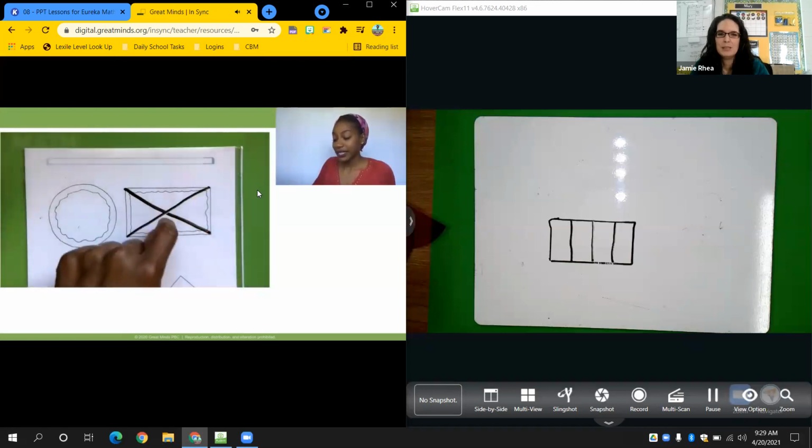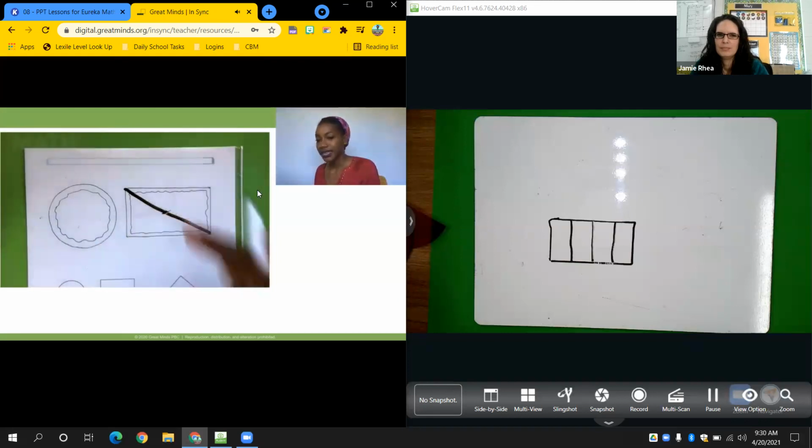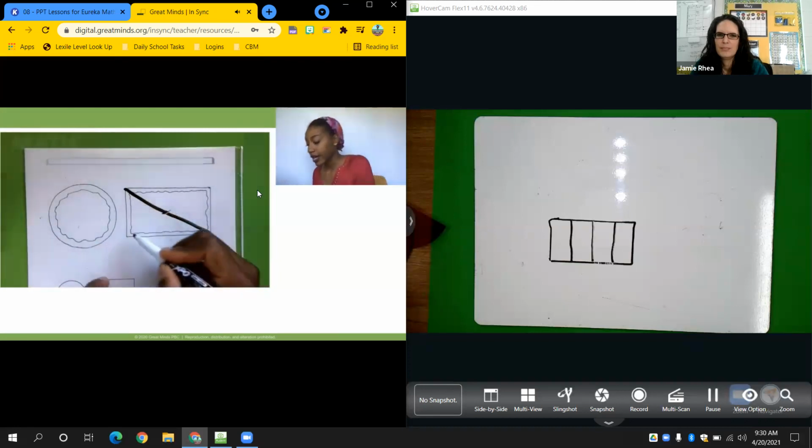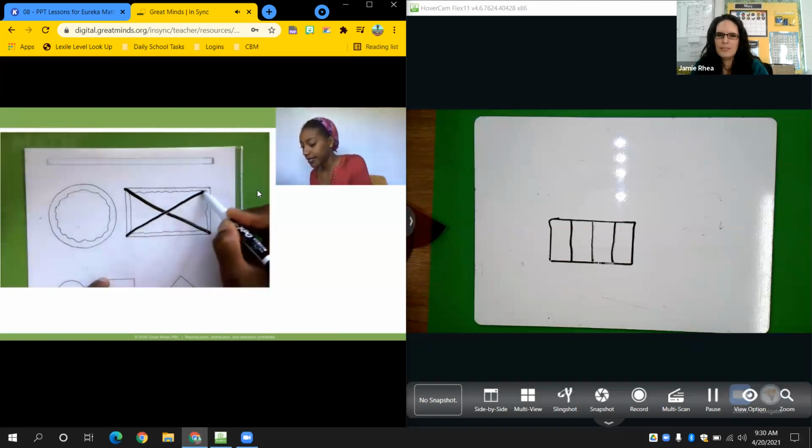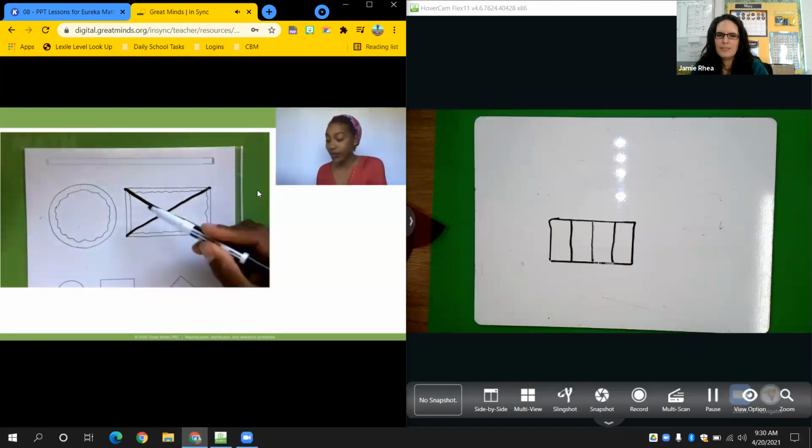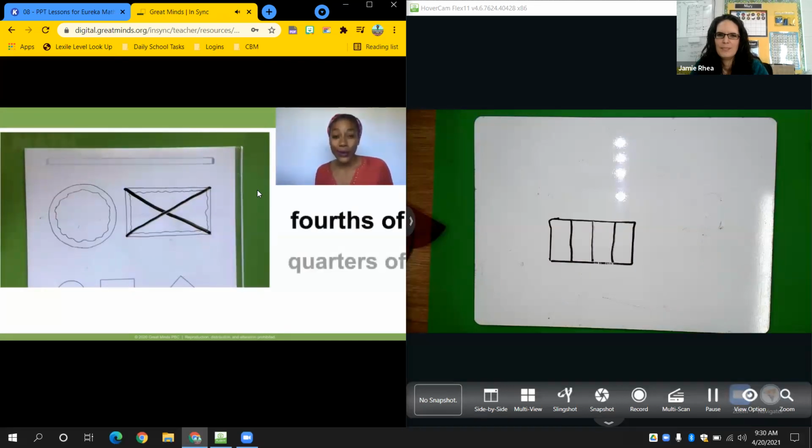Even though the pieces don't look like the same size, we did see that these 2 sides were the same. And if we took half and broke it in half again, we would see all 4 of these pieces actually would be the same size. This is another way to show fourths or quarters of a rectangle.